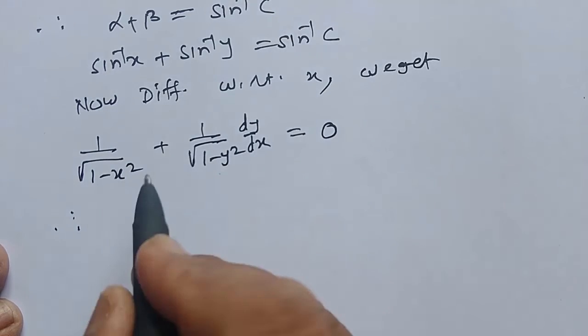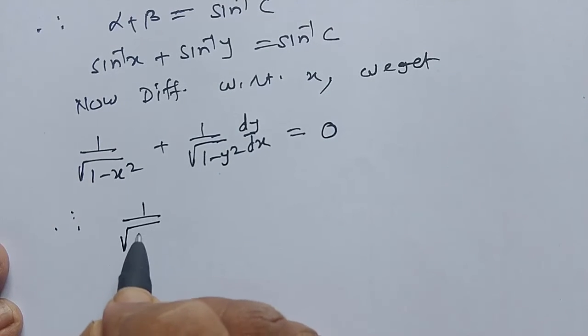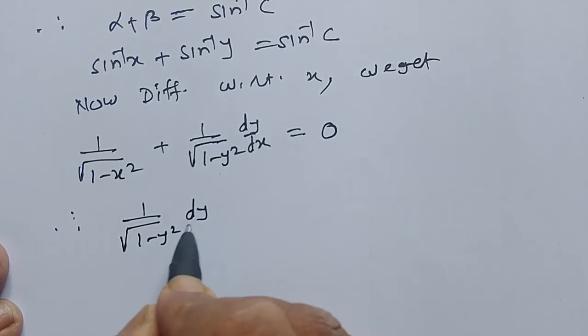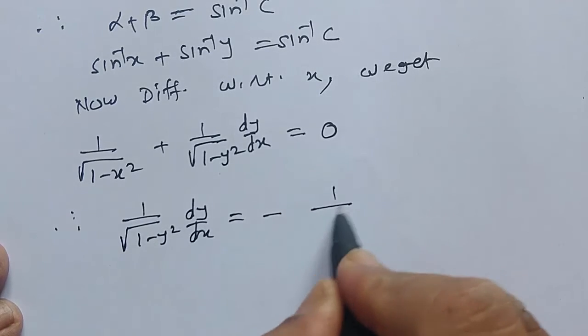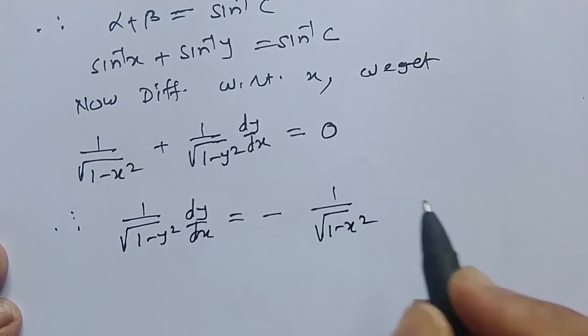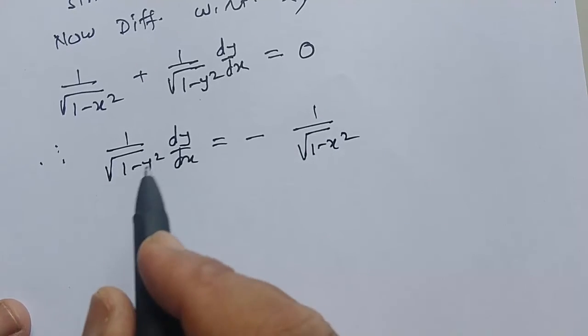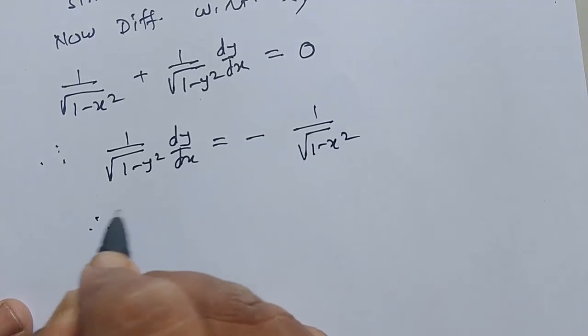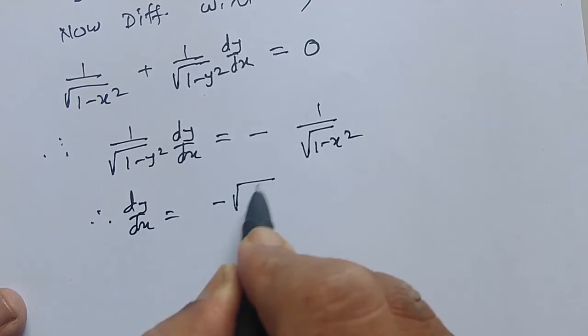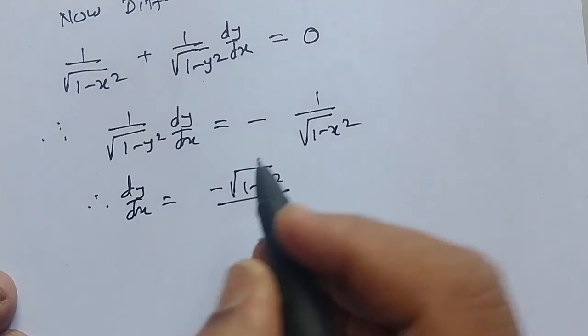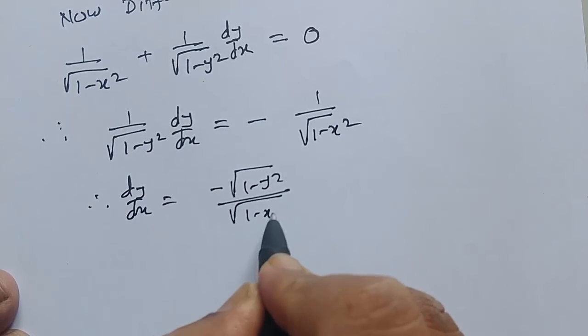transferring this term to the RHS, 1 upon under root of 1 minus y square dy by dx is equal to minus 1 upon under root of 1 minus x square. Multiplying by under root of 1 minus y square, dy by dx is equal to minus under root of 1 minus y square upon under root of 1 minus x square.